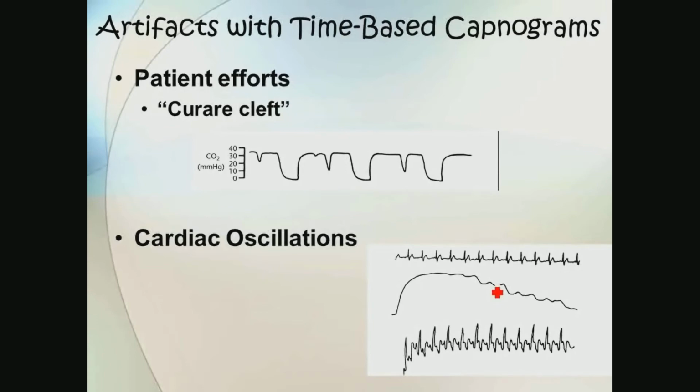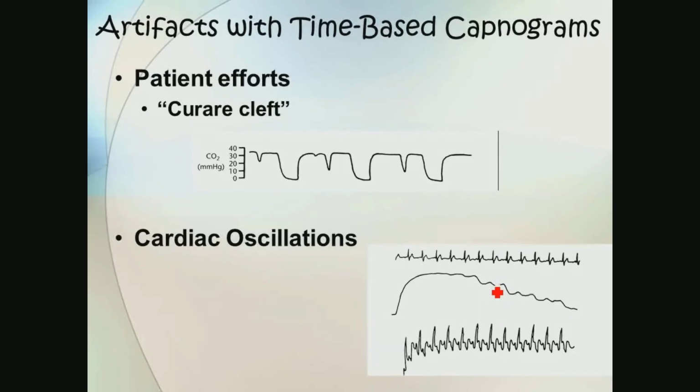Curare, if you don't know, is a predecessor to a lot of the non-depolarizing paralytic agents. It was what they used to use on the tips of their darts to poison people in the process.